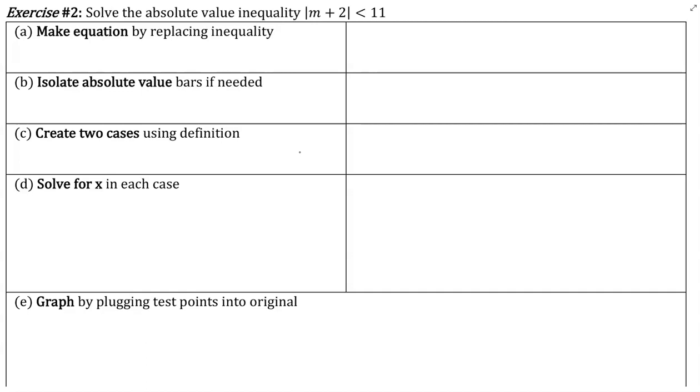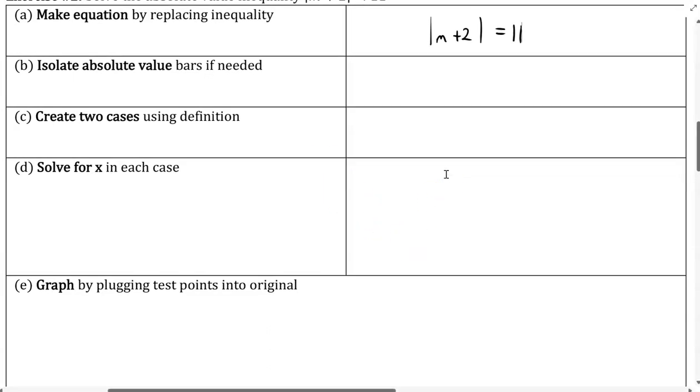So we have the absolute value of m plus 2 is equal to 11 instead of less than for now. Our second step is to isolate the absolute value bars if needed. But in this case, the absolute value bars are already by themselves, so there's nothing for us to do.